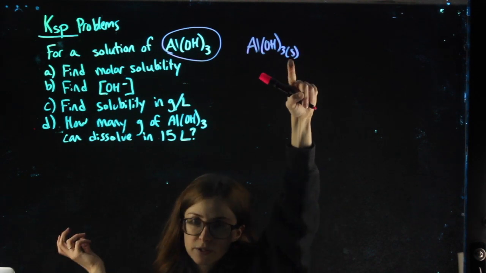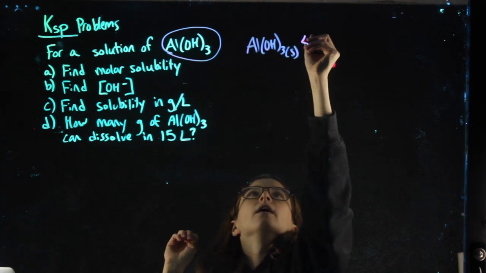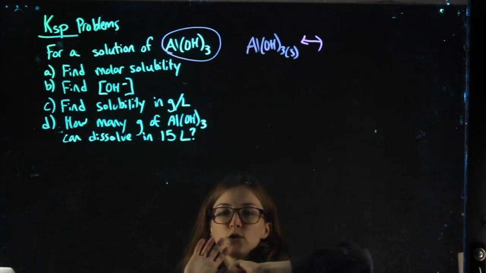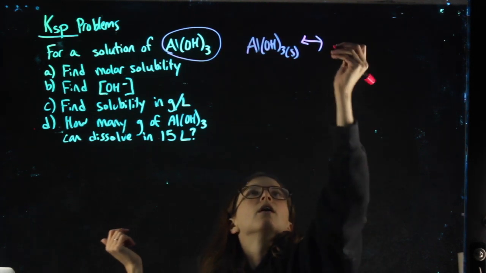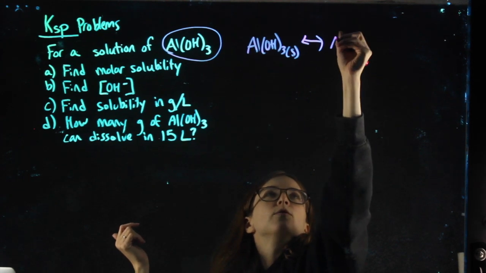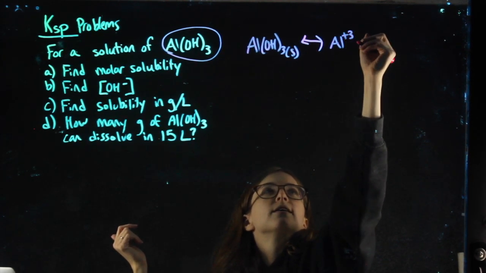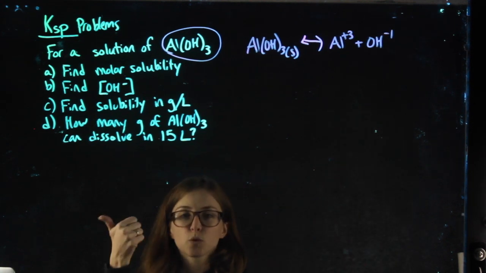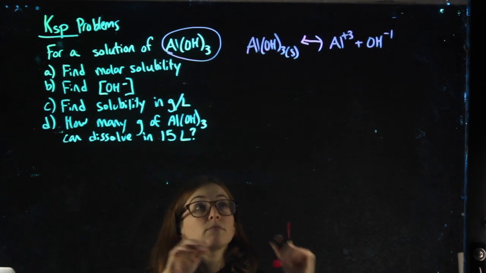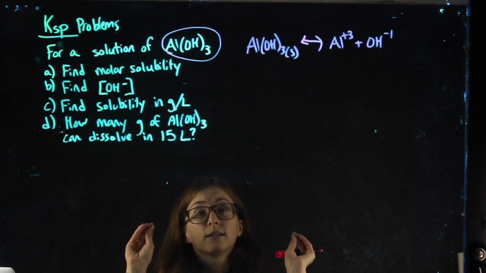We're always starting with a solid. Equilibrium arrows, because you can assume that I'm giving you something at equilibrium in this unit. It's going to split into aluminum, which is a +3, and hydroxide, which is a -1. So that's one of the things I can always do. Write out my equation.